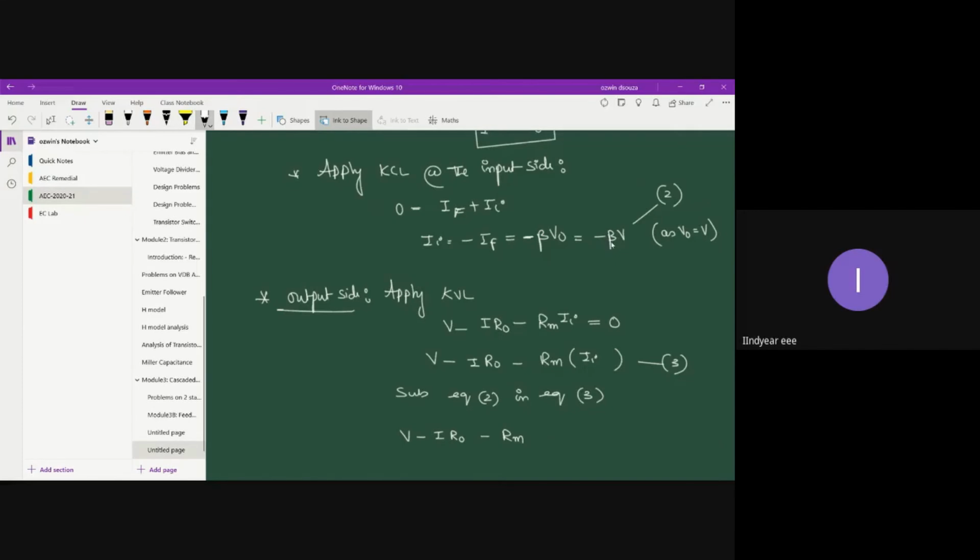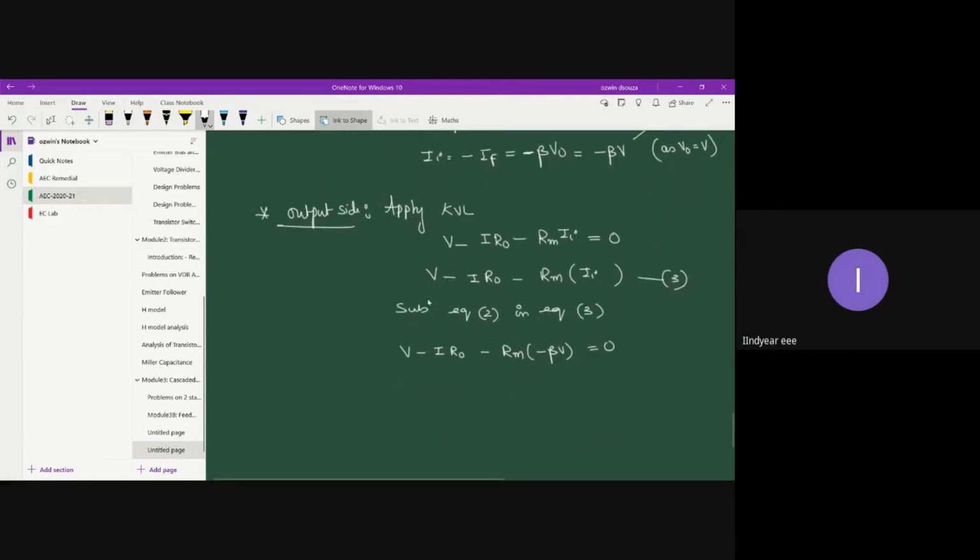So what is II? II is beta into V. So this becomes minus beta into V is equal to 0.